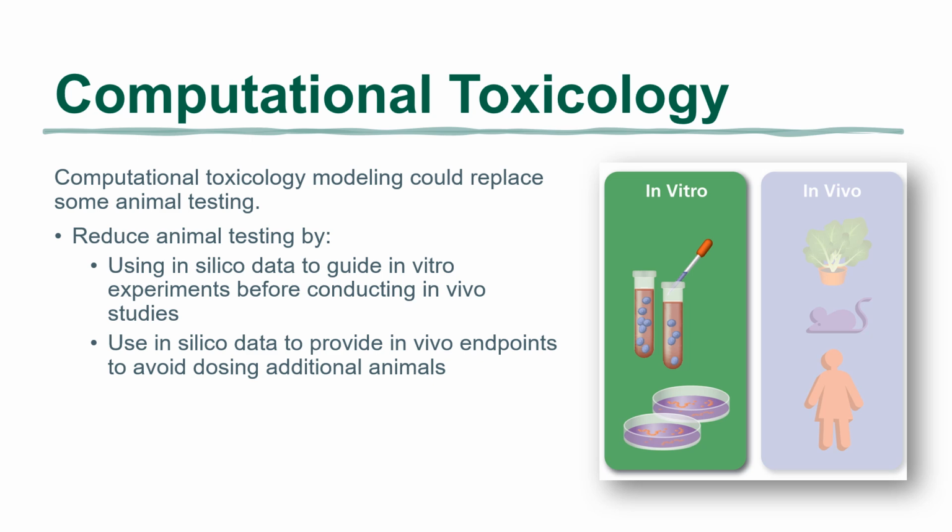This helps identify potential toxic effects and refine the focus of laboratory studies, thereby reducing the number of live animal studies needed. In silico models can also predict the endpoints that would typically require live animal testing. They utilize computational data to achieve necessary endpoints without subjecting more animals to testing.